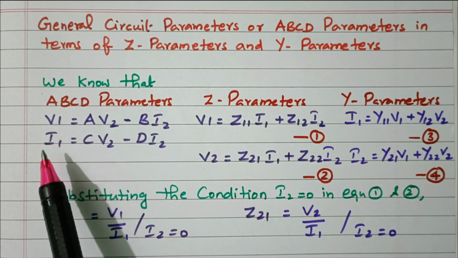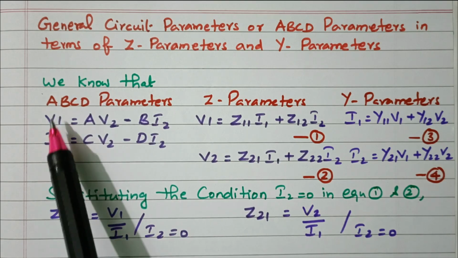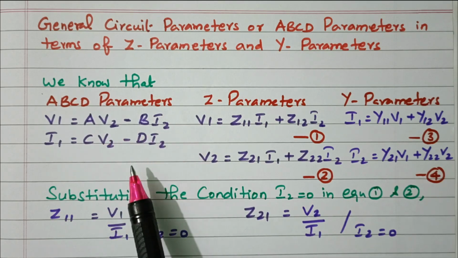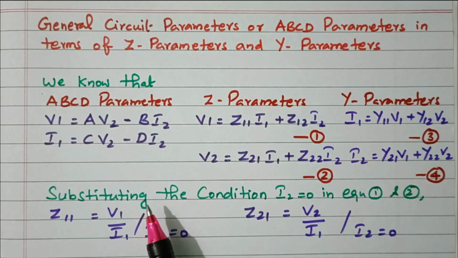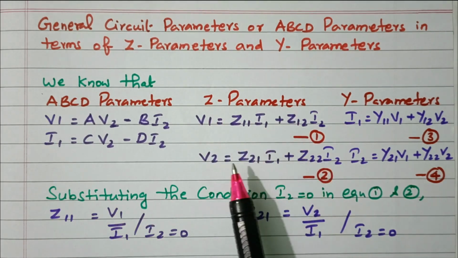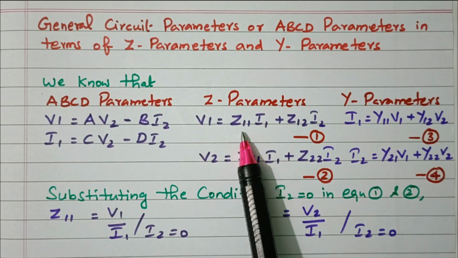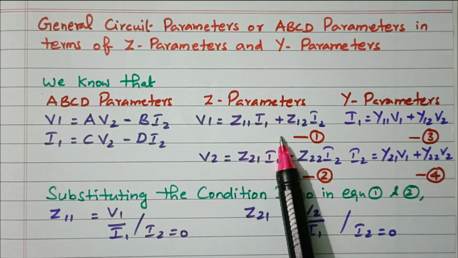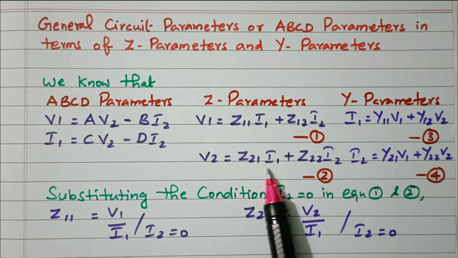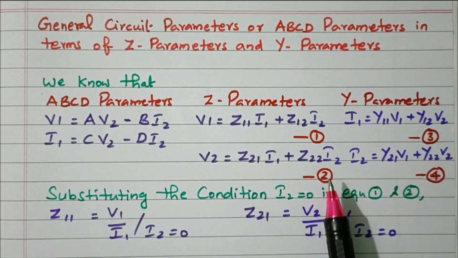So here input voltage and input current V1 and I1 is expressed in terms of output voltage and output current V2 and I2. Then Z parameters, open circuit impedance parameter, V1 equal to Z11 I1 plus Z12 I2. V2 equal to Z21 I1 plus Z22 I2.